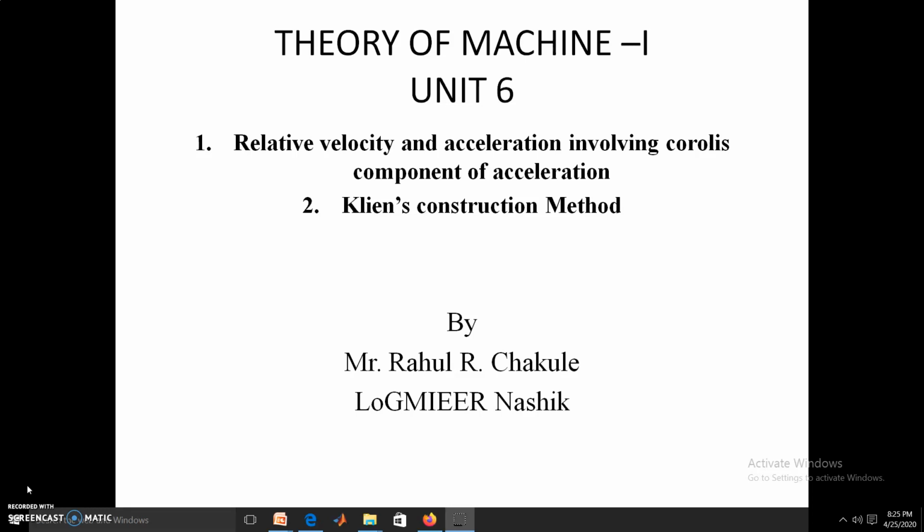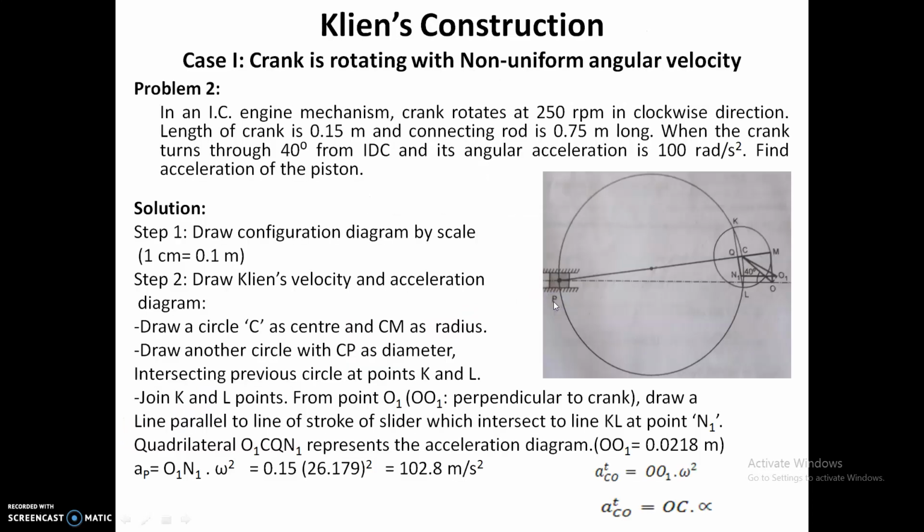Now in problem number 1 we have seen that the problem was based on case number 1, where the crank is rotating with uniform angular velocity. Now in this discussion, we are going to see another problem where the crank is rotating with non-uniform angular velocity.